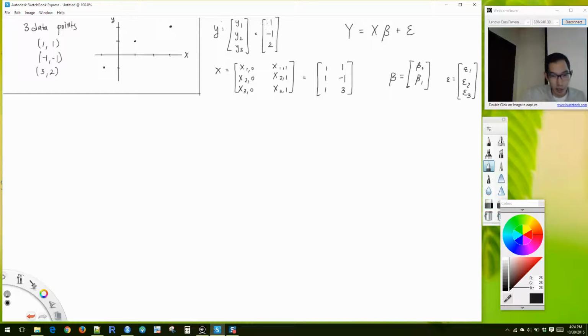All right, so I'm going to draw our y vector, or our data, in three-dimensional space. I'm trying. This is going to be hard for me to do. So I've got this, and this, and then, how am I doing this?